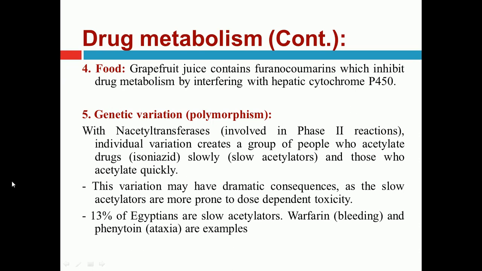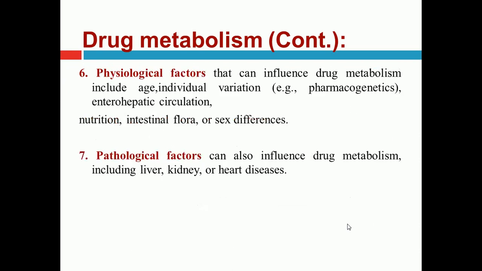For example, 13% of Egyptians are slow acetylators, and they can have bleeding from warfarin.